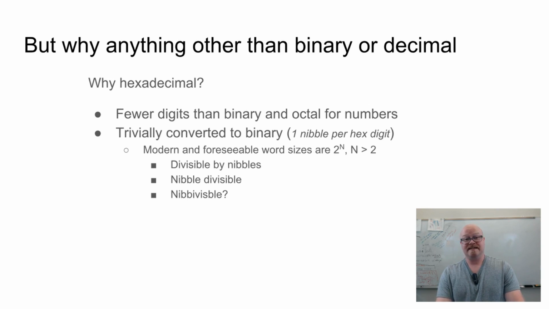But in the case of hexadecimal, since it is base 16, which is 2 to the 4th power, we have the common base of 2, and because it's 2 to the 4th, each hexadecimal digit represents 16 different values, which is represented by 4 bits. So a hexadecimal digit is equivalent to 1 nibble's worth of data.